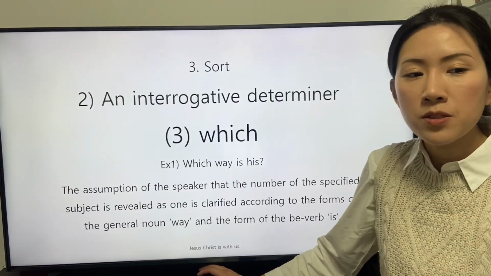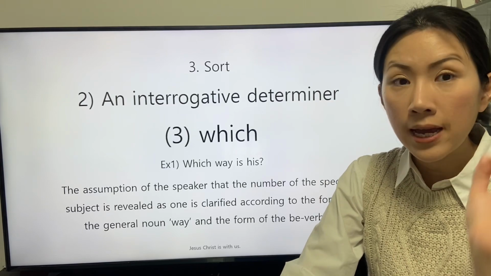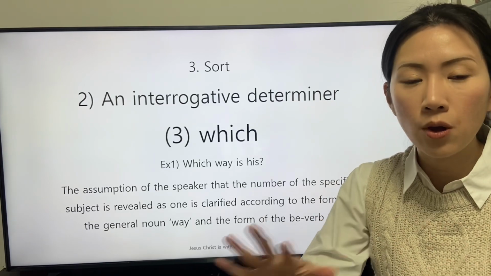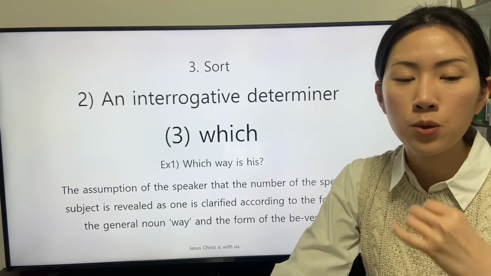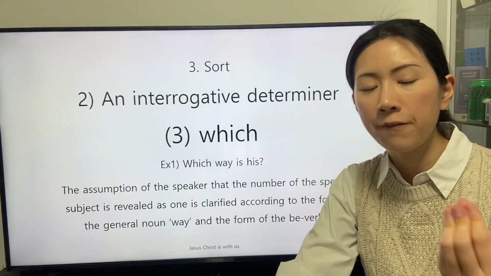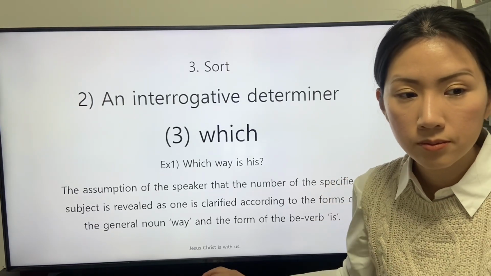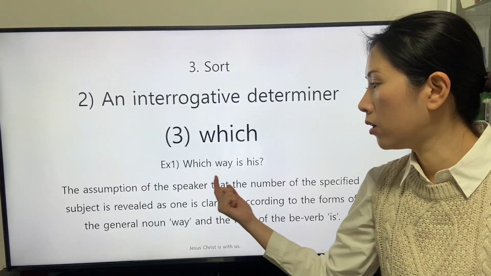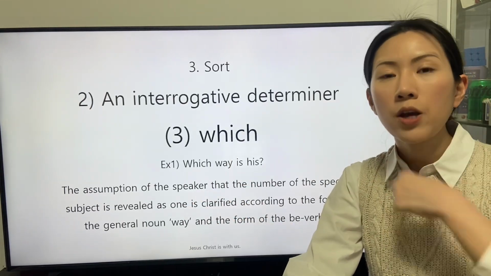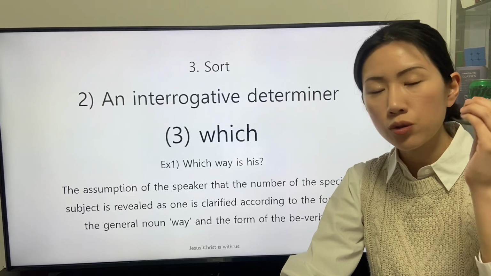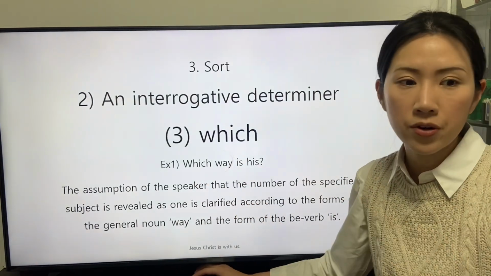The assumption of the speaker that the number of the specified subject is revealed as one is clarified according to the forms of the general noun way and the form of the be verb is. The form of the general noun way also reveals the assumption of the speaker to consider the subject as singular.